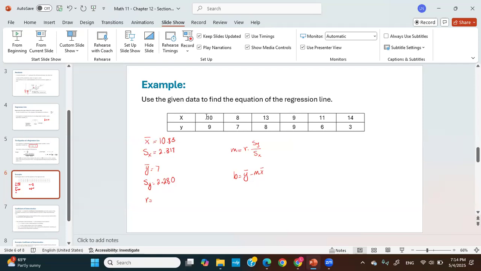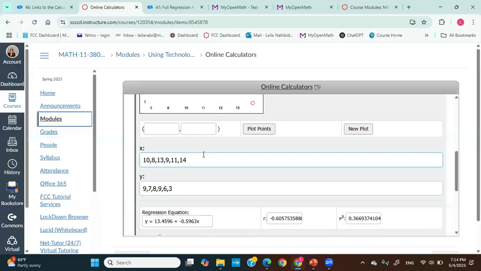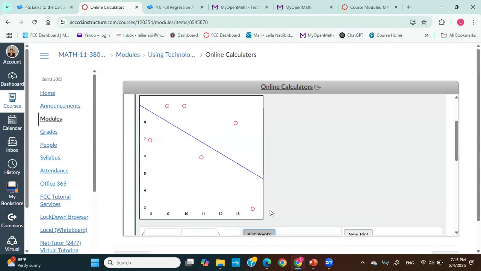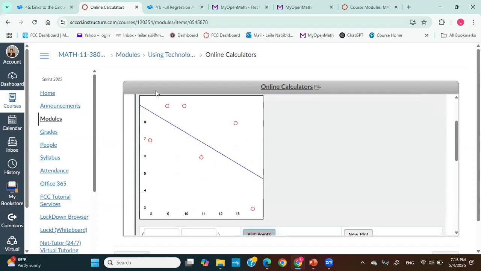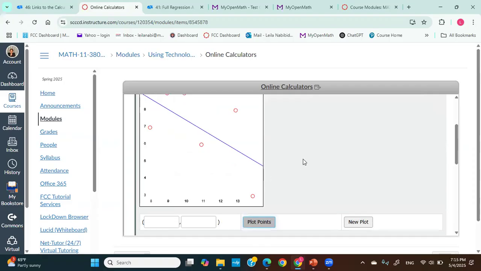You see the x values are 10, 8, 13, 9, 11, and 14. I put them here without any space, with just a comma between. And I put all of the y values, and then I pressed plot points. When you press plot points, it gives you a scatter plot, a coordinate plane with all of the points on it, and also the line of best fit, which is the regression line.